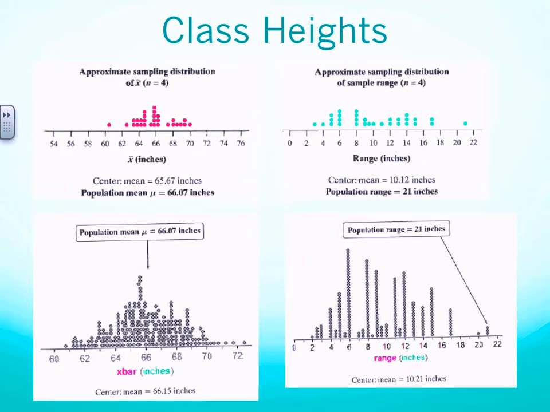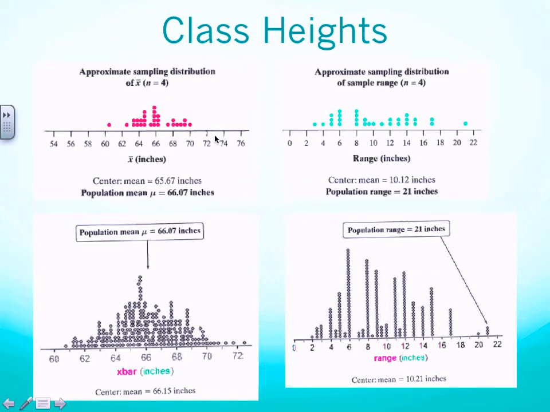If you're always drawing different heights, different highs and lows, different maximums and minimums, you're never going to get your actual range. So when you look at this, your population range is 21, where your center here is at 10.12. So your range is not centered at the true value.